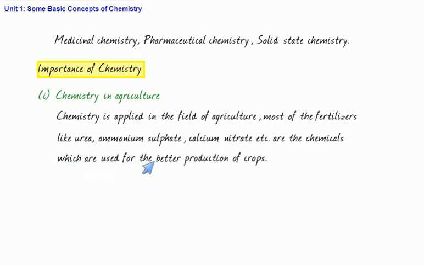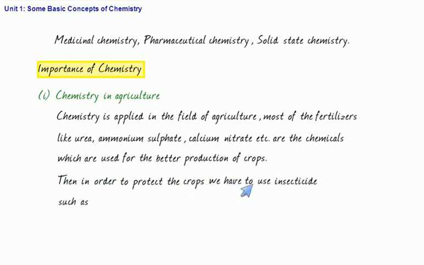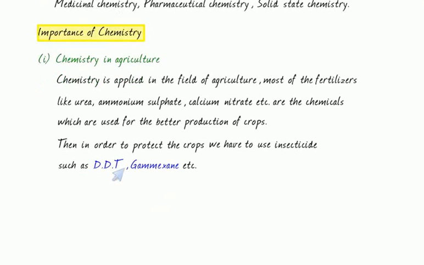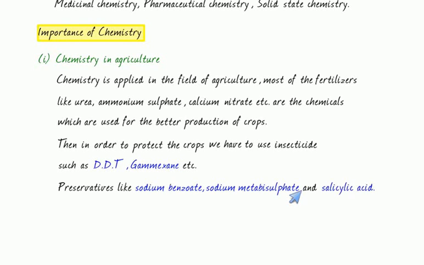Then in order to protect the crops, pesticides such as DDT, Gamexine, etc. Now these are all chemical substances. Similarly, we use preservatives like sodium benzoate, sodium metabisulfite, salicylic acid for better preservation of food and to check its wastage.